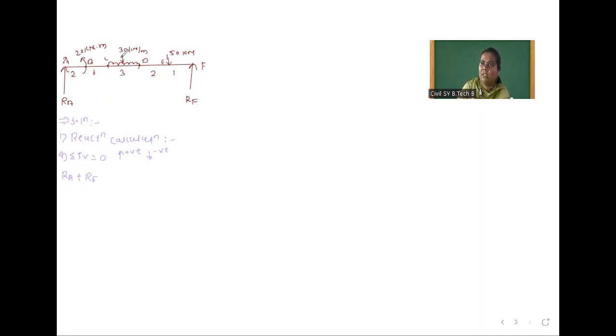Okay, after that the next force is 30 kilonewton per meter, uniformly distributed, going downward. So minus 30 into 3. After that this 50 going downward, so minus 50, which is equal to 0. So shift the minus 30 into 3 and minus 50 to the right side and calculate.